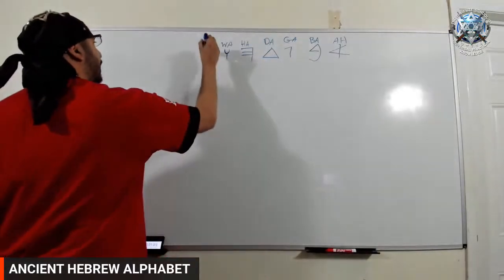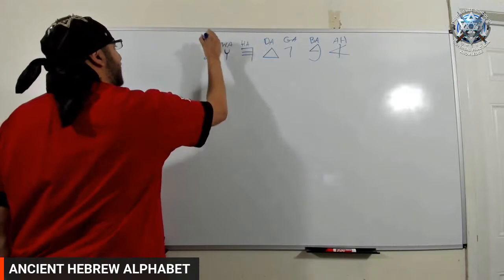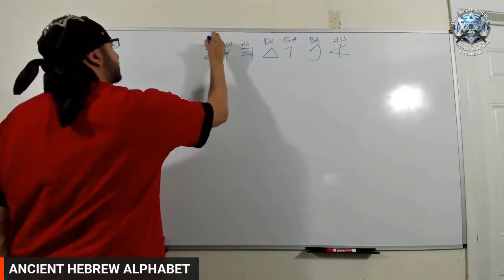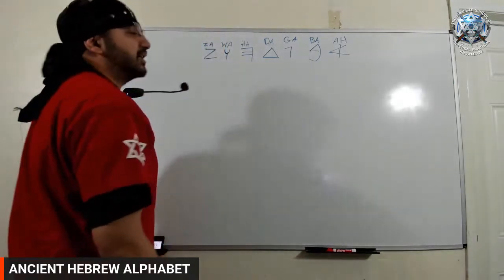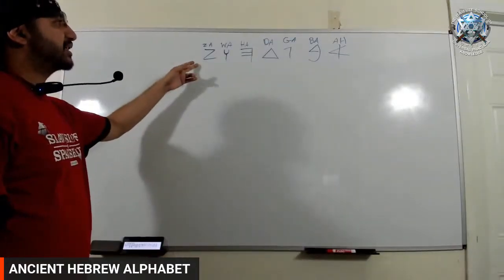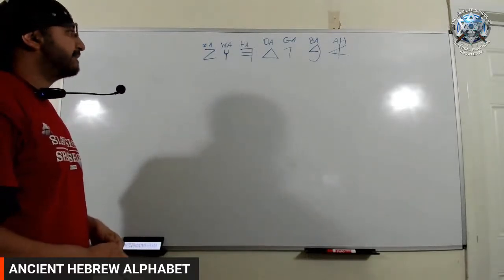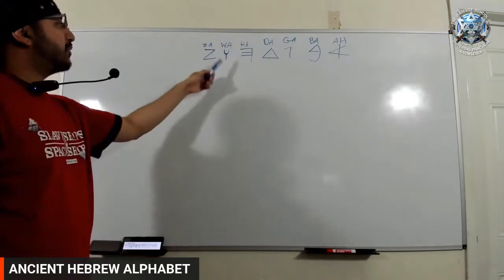Aba, ga, da, ha, wa. Now here's one that may be a lot easier to remember. Za. Which looks like a Z. If any of them have actually kept the way that they looked over time, it is the letter Z. You understand? Aba, ga, da, ha, wa, za.